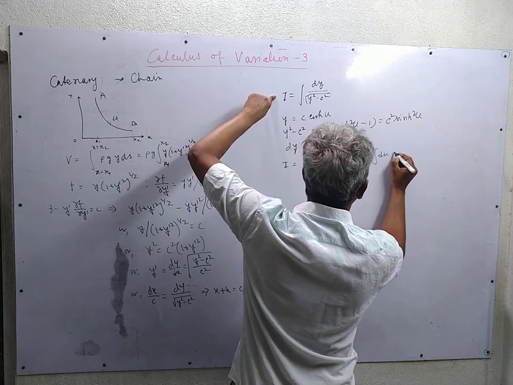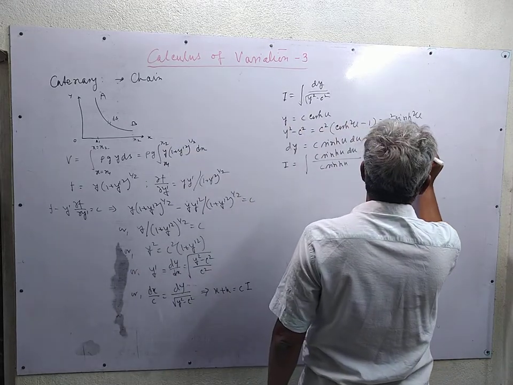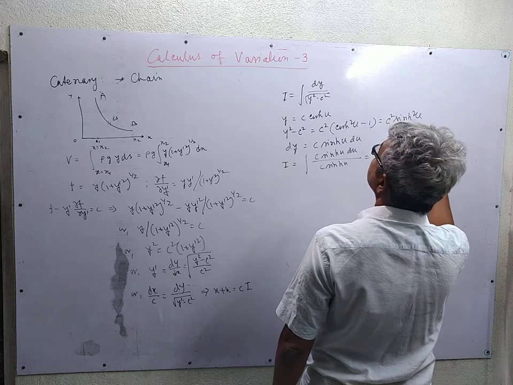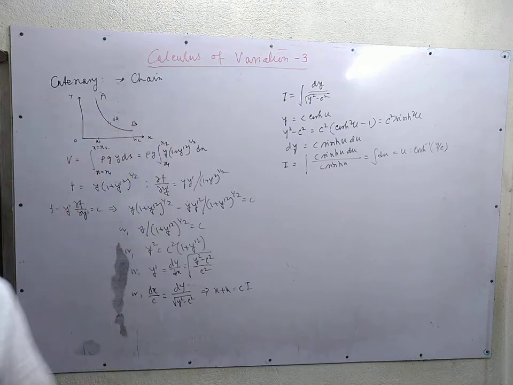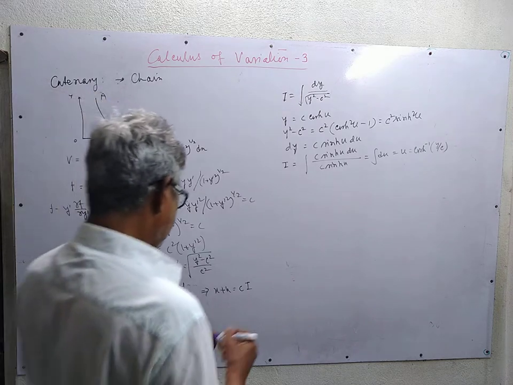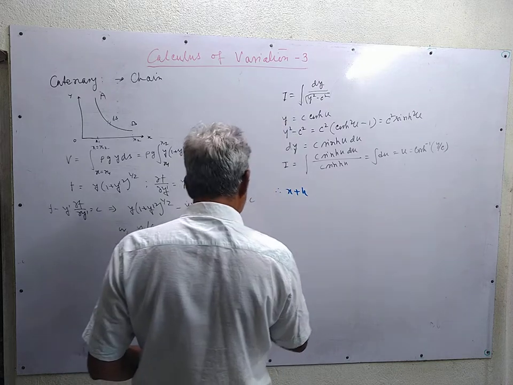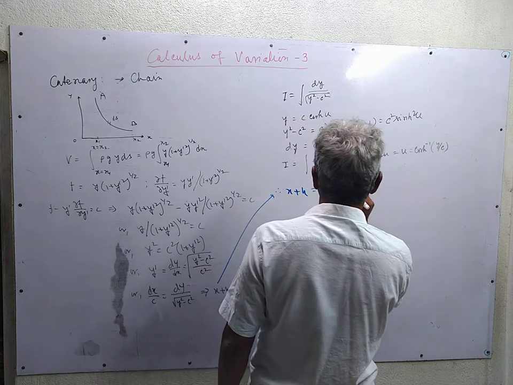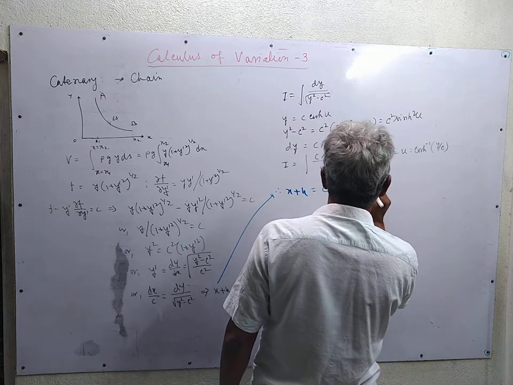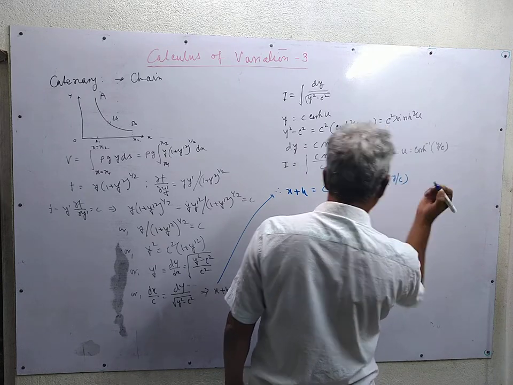So this is the integral of du, which is u, and u is equal to cosh inverse of y by c. So we have x plus k equal to c times u, which is c times cosh inverse of y by c.